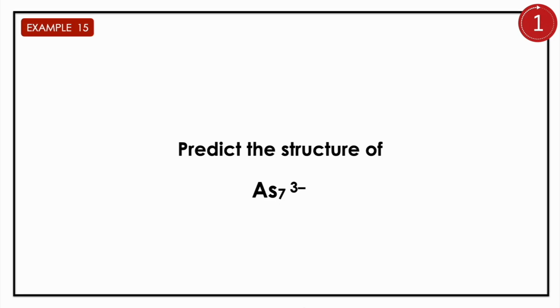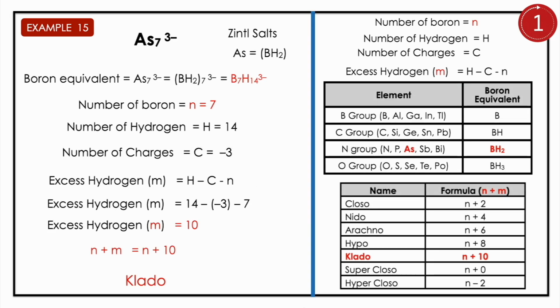Then the next example, here you have As7 3 minus, arsenic 7 times, a trianion. You should find the structure using Wade's rule. The given compound is As7 3 minus, clearly a Zintl salt.